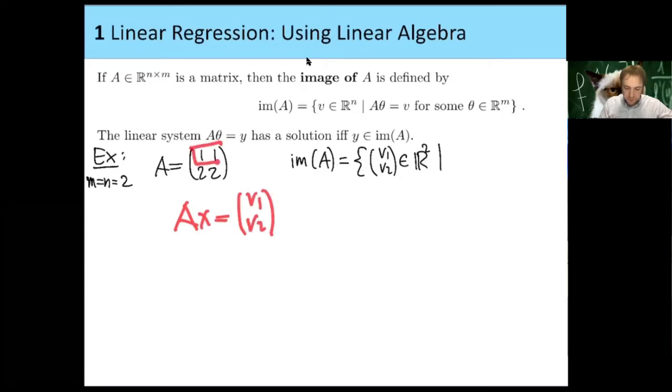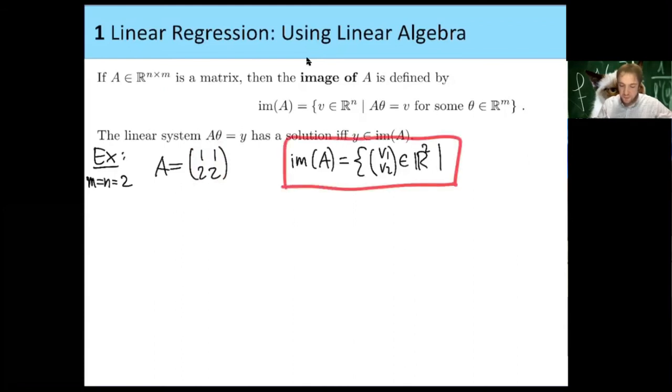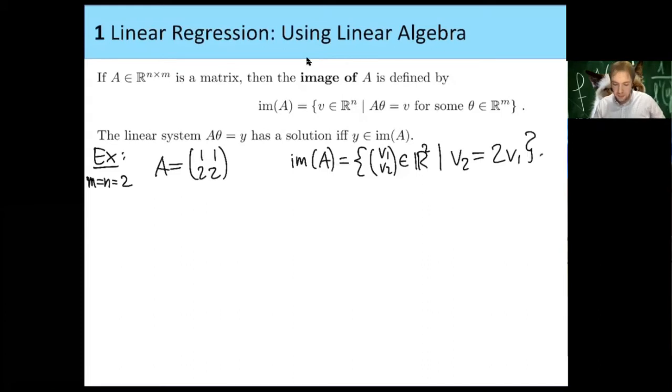Here we see that the second row is just 2 times the first row. So no matter what I multiply to this matrix, theta 0 and theta 1, the result will also have the property that the second entry is twice the first entry. So the image of this matrix is all vectors v1, v2 with the property that v2 equals 2 times v1. If I take a vector of this shape, then I can solve this equation A x equals this vector.